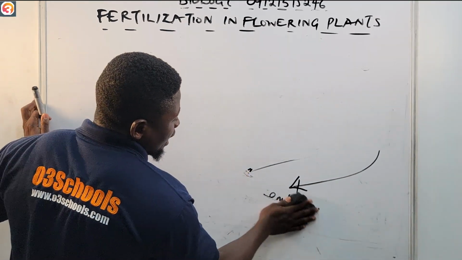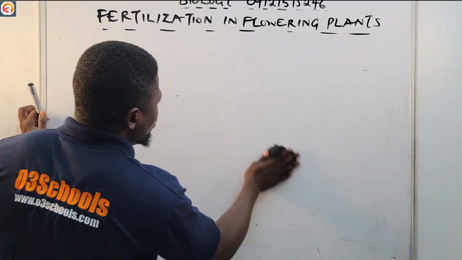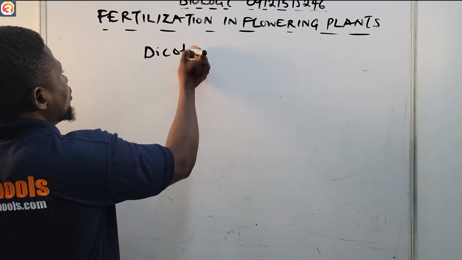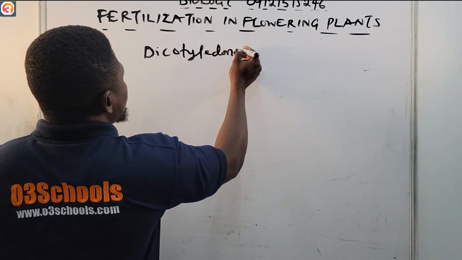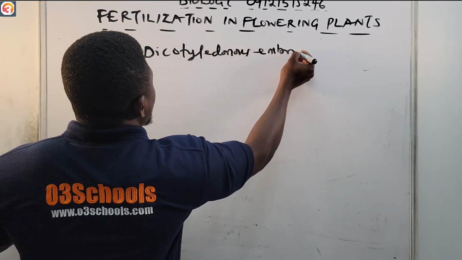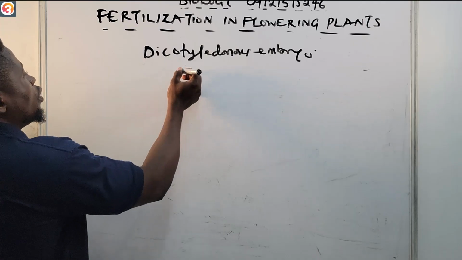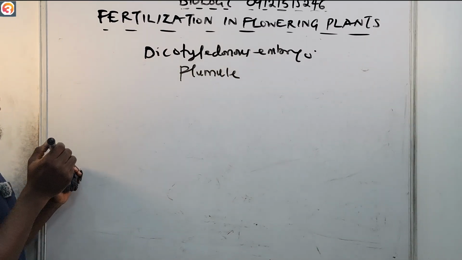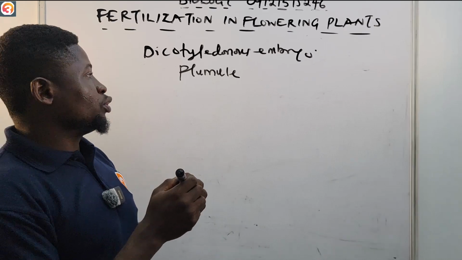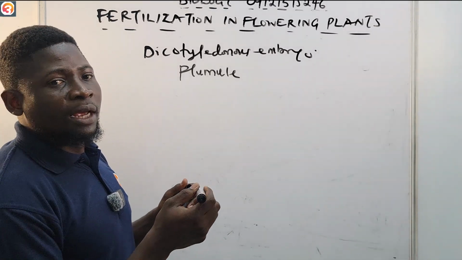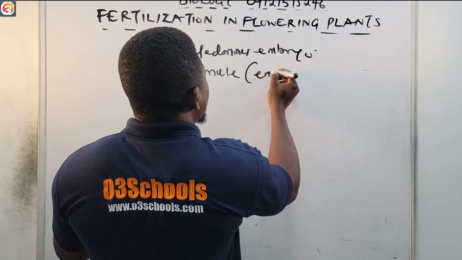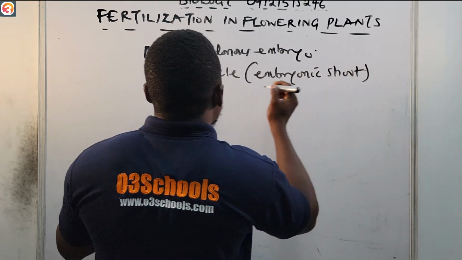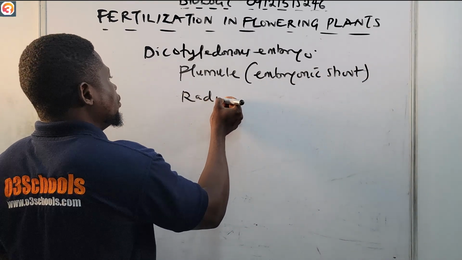A dicotyledonous embryo will develop into a plumule. Please take note of this. A plumule is also called the embryonic shoot, and also a radicle.